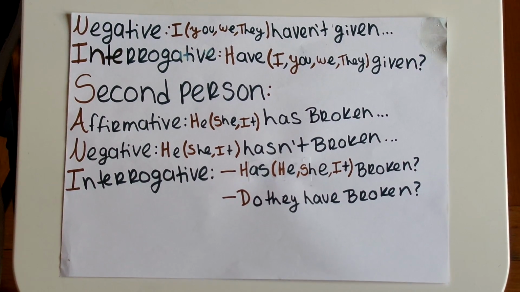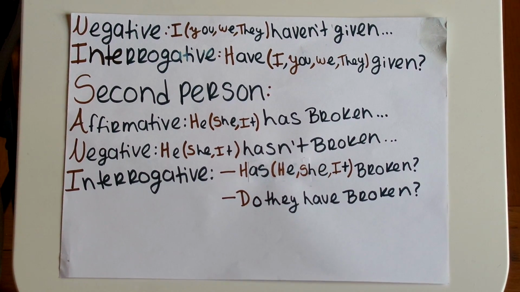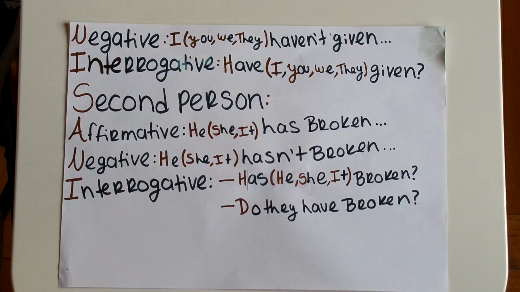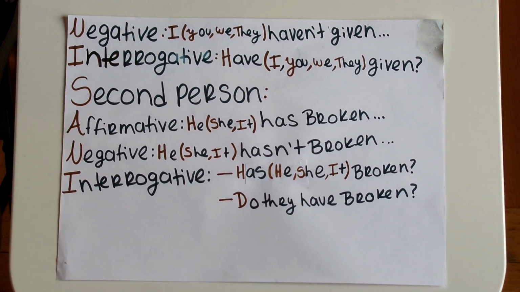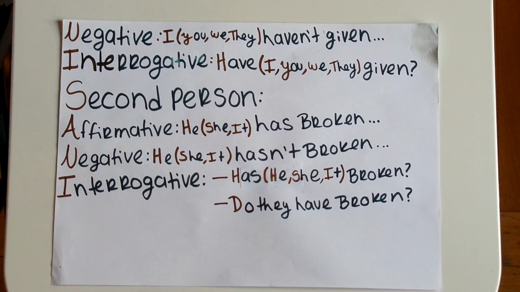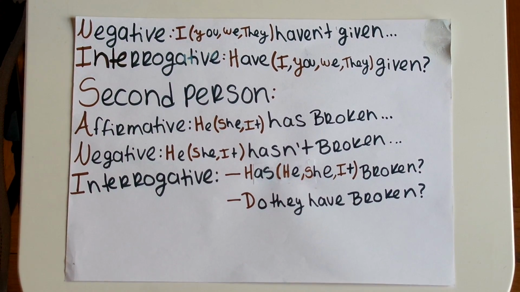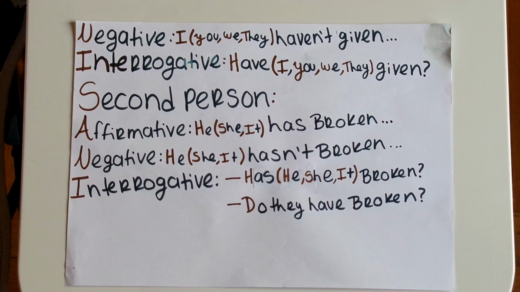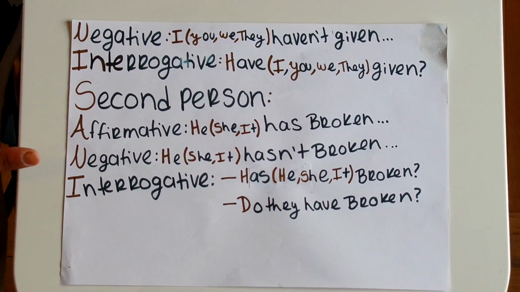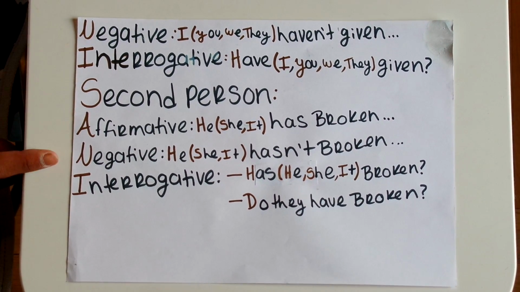In a negative case, is he, she, it hasn't broken. The subject on this occasion will be he, she, or it, and the verb will be broken. Here we can see again the connectors, that here is has and here is has not. We can make it shorter by saying hasn't.